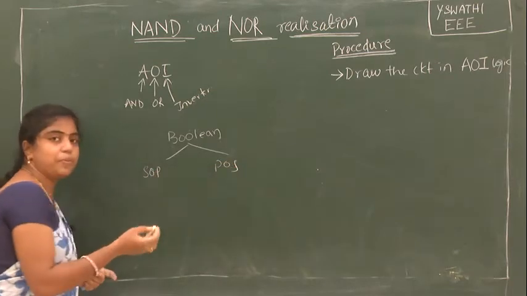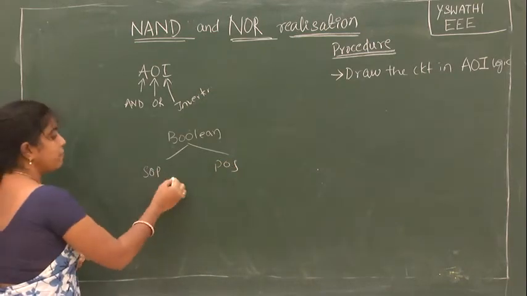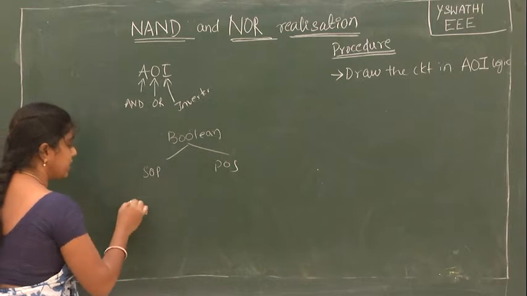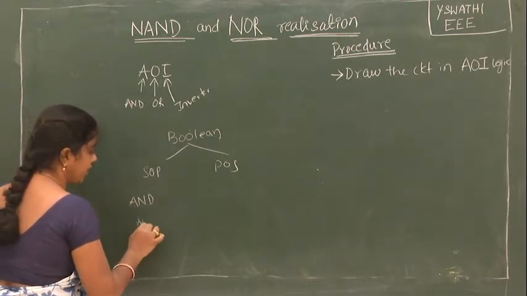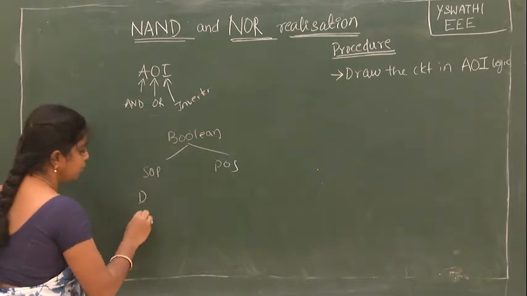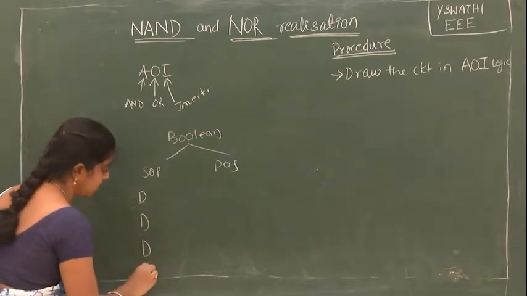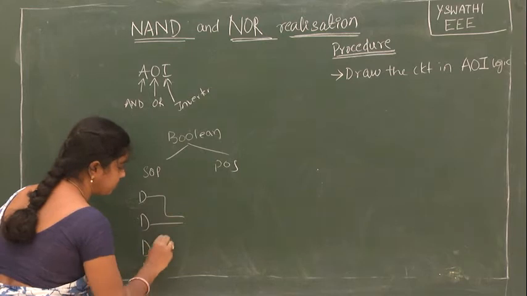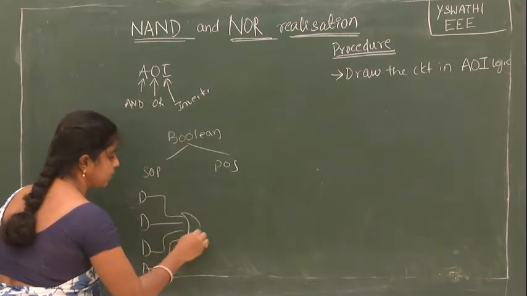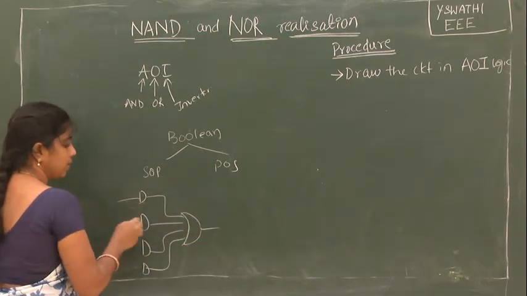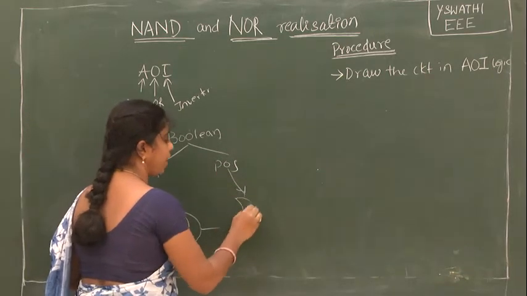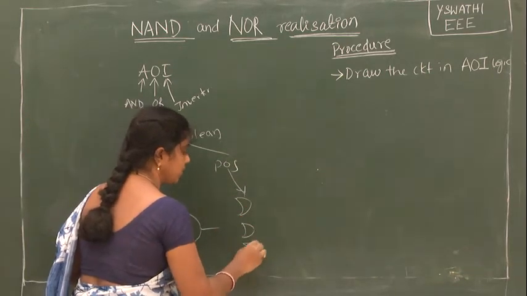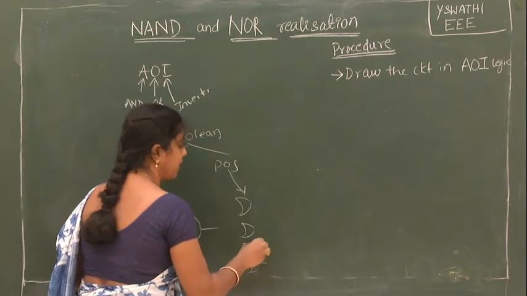An SOP form, the sum of products, is nothing but a group of AND gates, and the group of AND gates are ORed together. And POS form is nothing but a group of OR gates ANDed together.